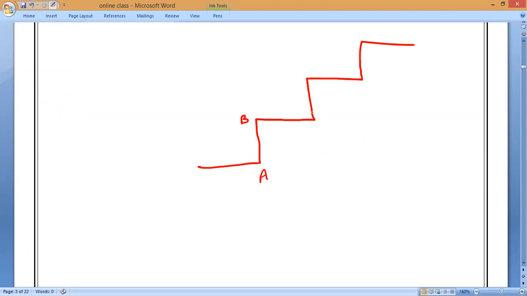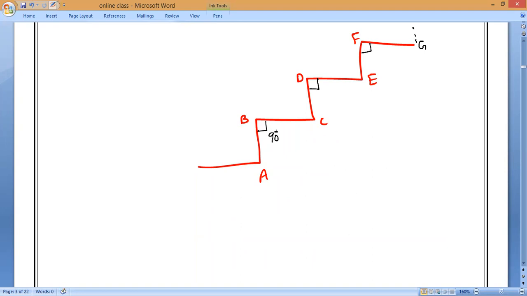So let me take the points A, B, C, D, E, and F. Now at what points is work done 0? Everybody, work done is 0 from where to where? B to C, D to E. Of course, if any other point comes, E, F, G, here also work done will be 0. So what are the places where work done is 0?